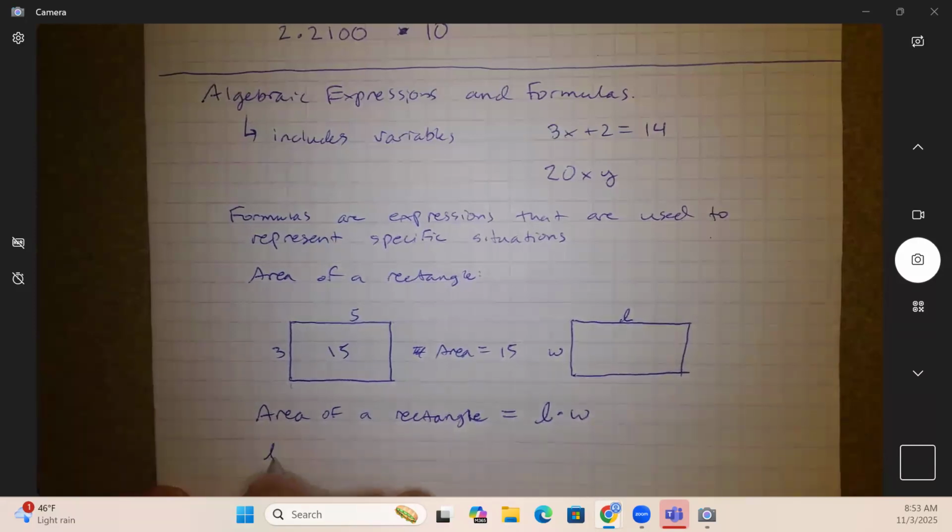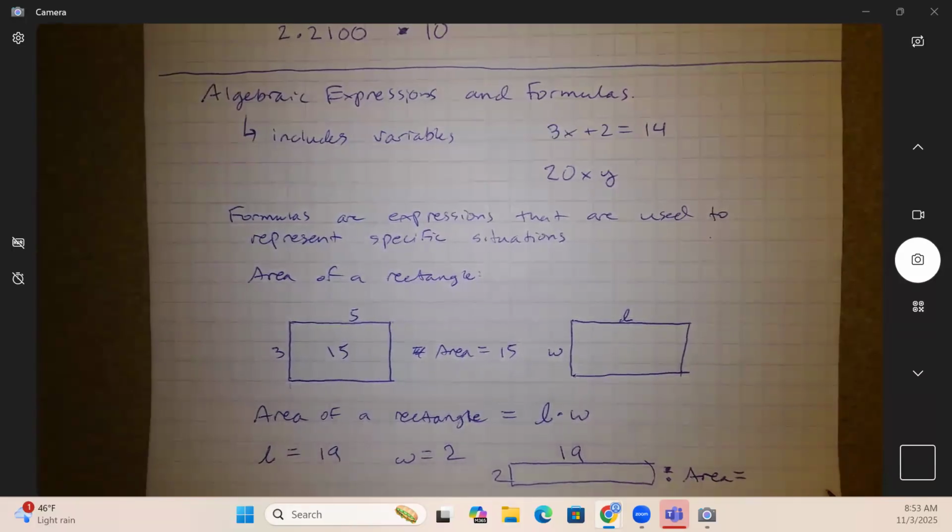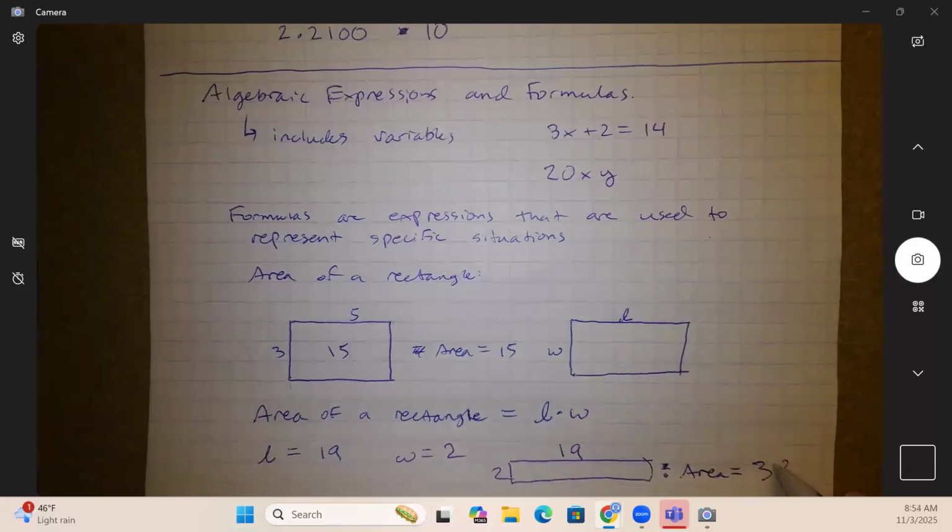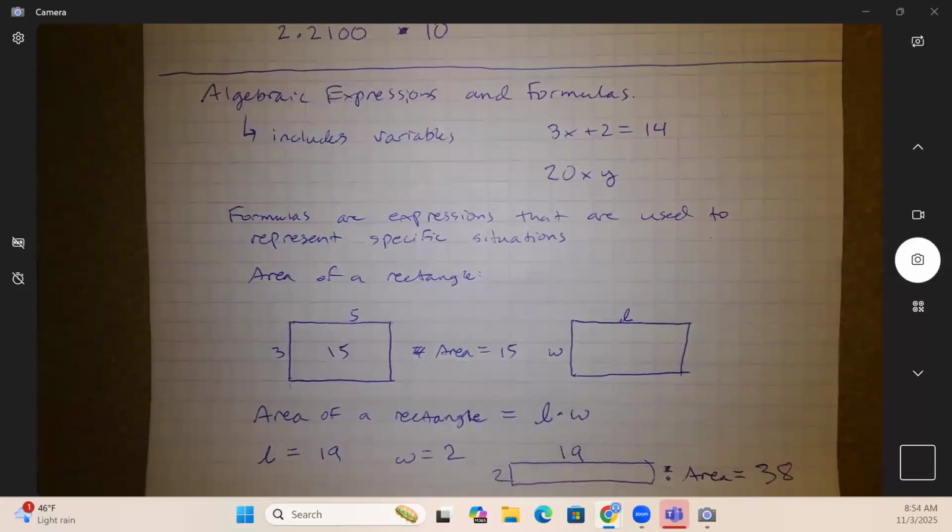So what's the area of a rectangle where the length is 19 and the width is 2? What is that area? 38. Because 38 equals 19 times 2 equals length times width.